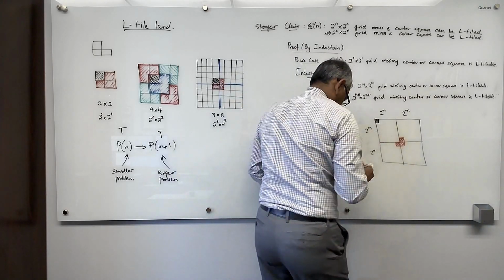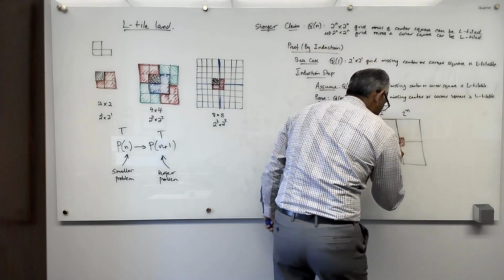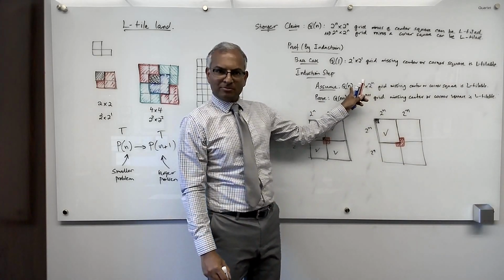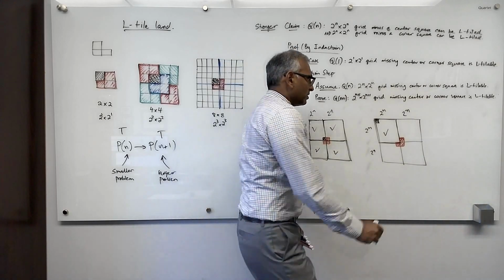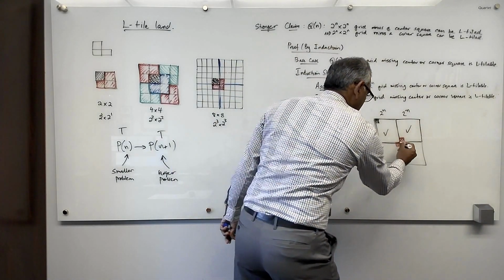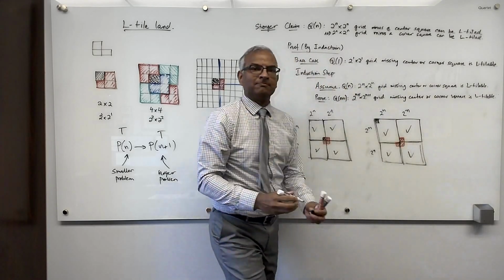So this grid can be independently tiled because we get to assume that if you're missing a corner square, it's L-tileable. This is L-tileable. L-tileable. L-tileable.